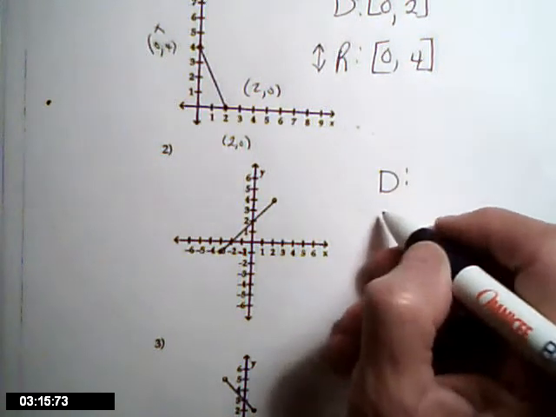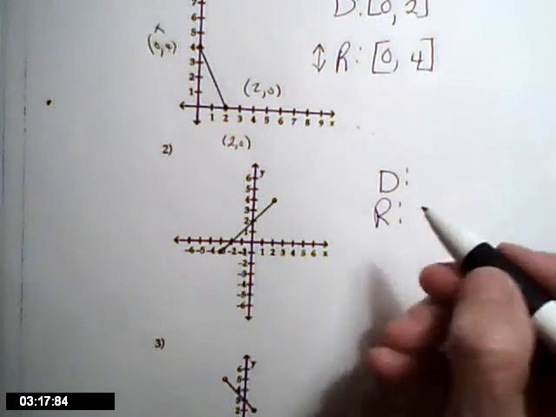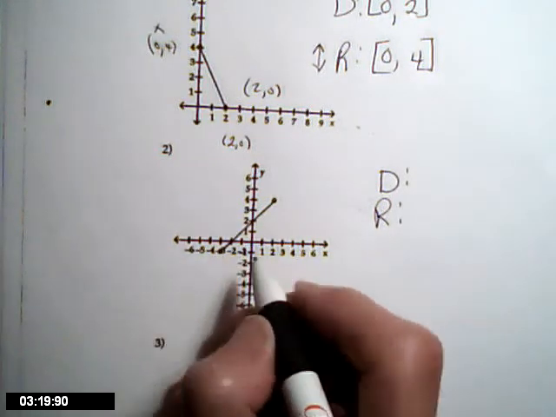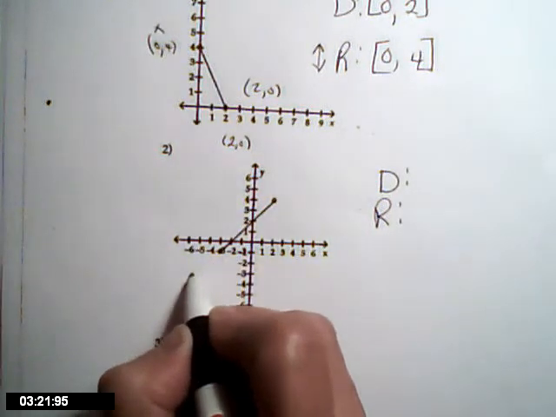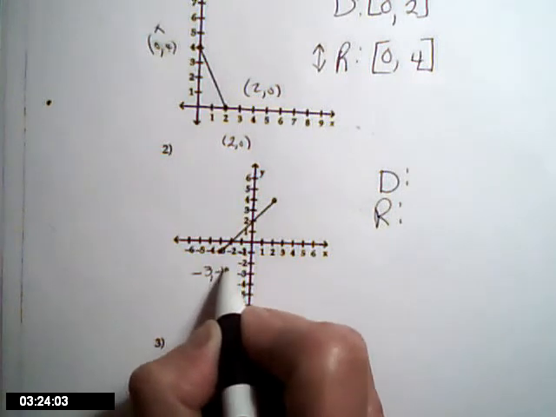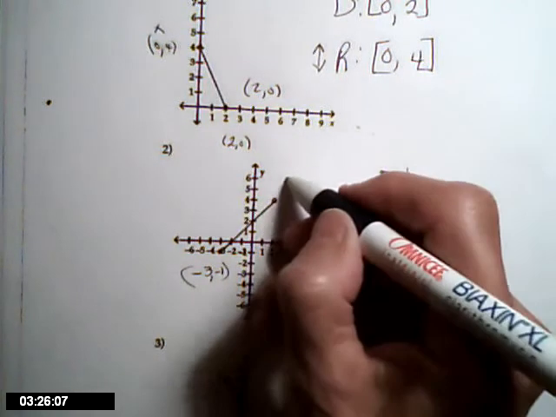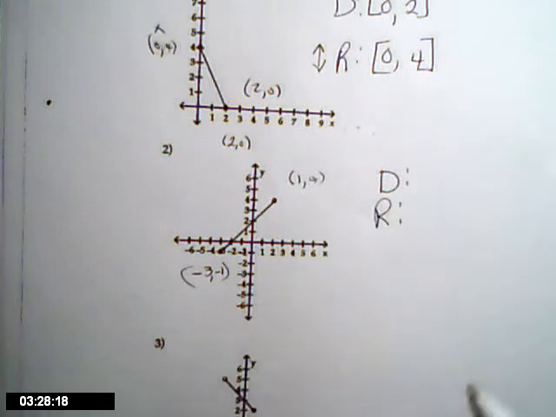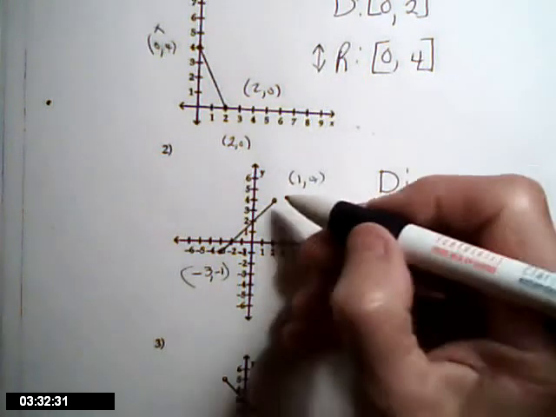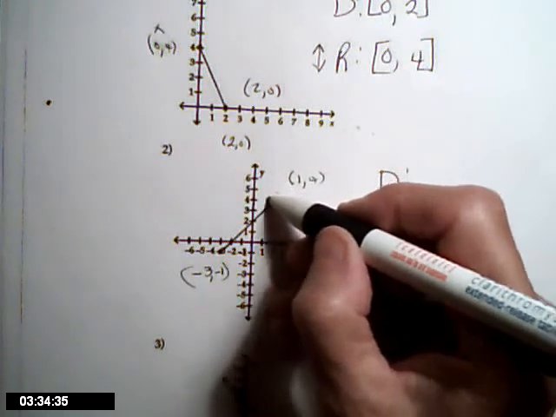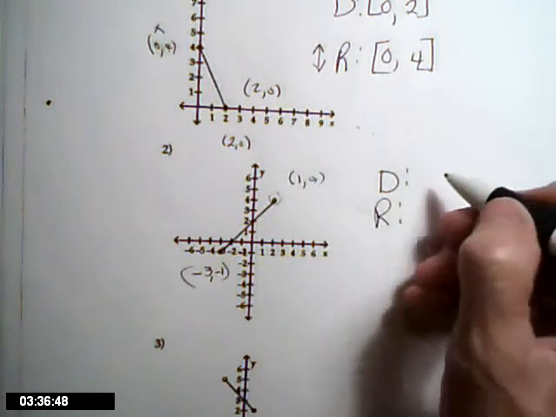Alright, on the second one, domain. We're going from this point, which is negative 3, negative 1, to this point, which is 1, 4. And if you'll notice, this is an open circle point, so it doesn't touch. Alright, domain.